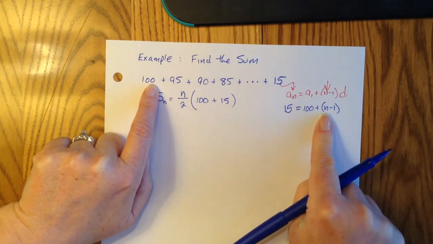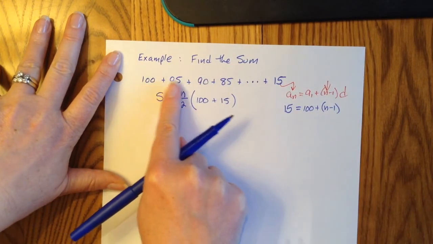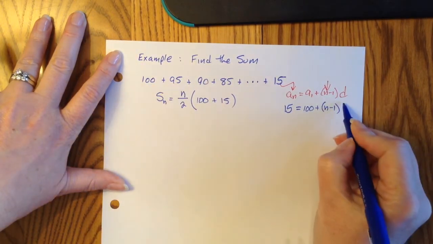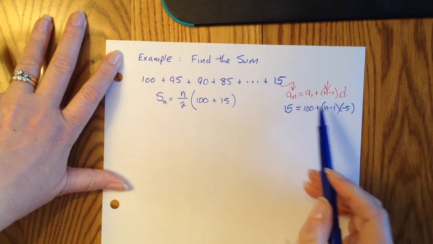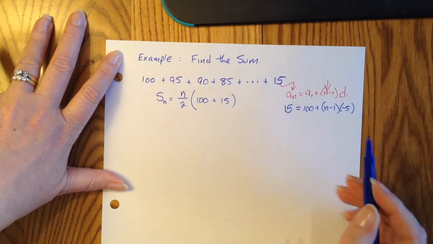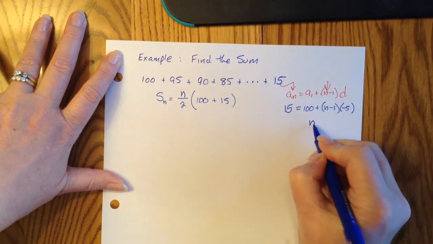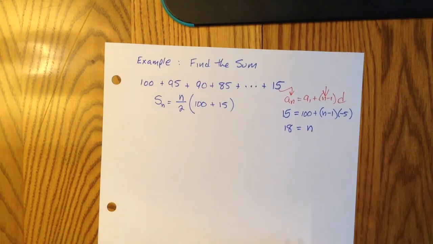We're finding the n, and d is the number we added every time. We're not adding 5, we're adding -5. All right, so you have to solve this out. You can distribute if you want, or you could subtract the 100, divide, and then add 1. I'm assuming you can do that, and we get that n is 18.